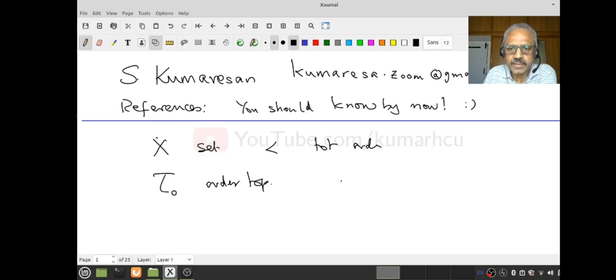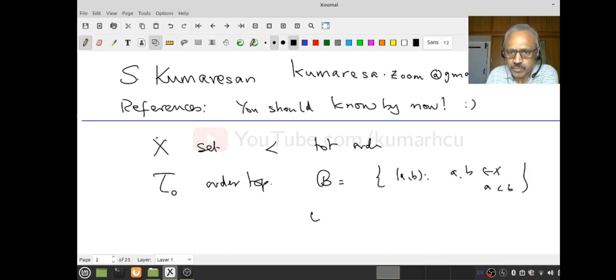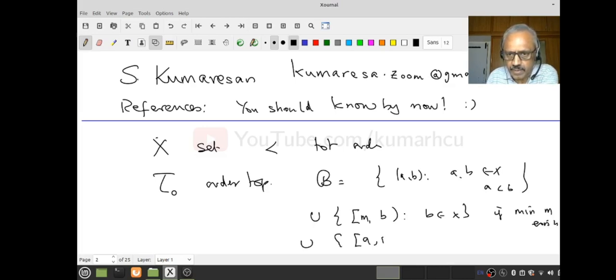It has as a basis the elements of the form (a, b), a, b in X and a less than b, along with possibly [m, b), where m is the minimum, b is in X, if the minimum m exists, and union (a, M], a in X, if the maximum M exists.